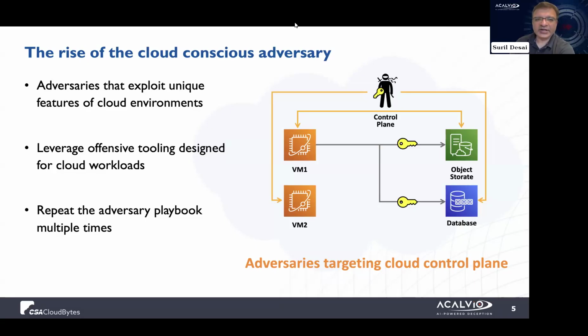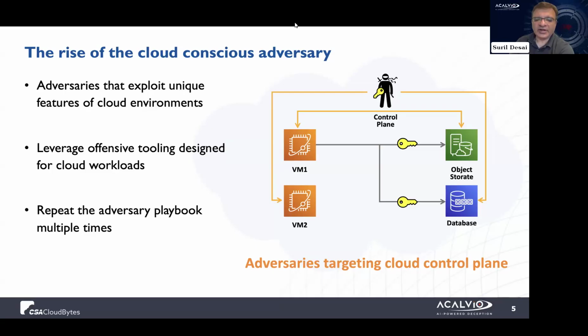And one main advantage that cloud provides for an attacker is that unlike on-premise environments that are different for each enterprise, there is a significant amount of consistency in the cloud. And so the adversary can perfect an adversarial playbook and then repeat it multiple times as they compromise every enterprise that is hosted in the cloud.